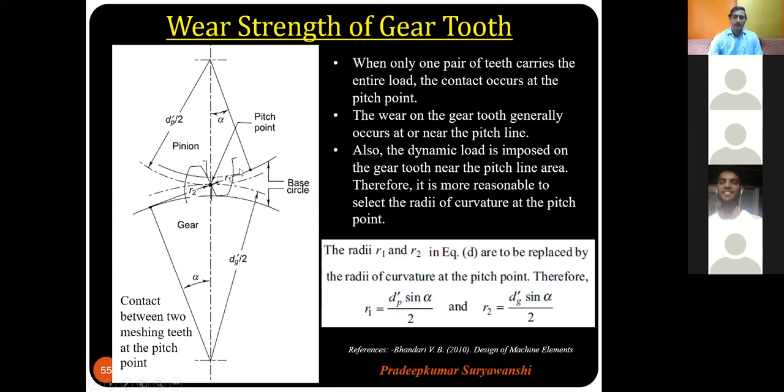We know alpha is the pressure angle, which can also be considered as the angle between the common tangent for these two pitch circles and the line of action. So the angle between these two lines is alpha.